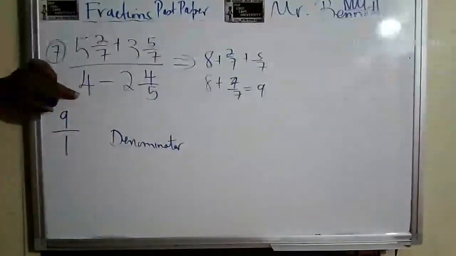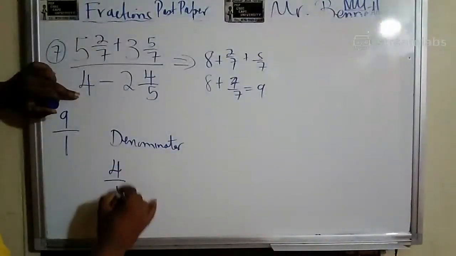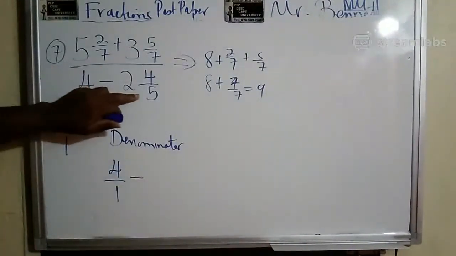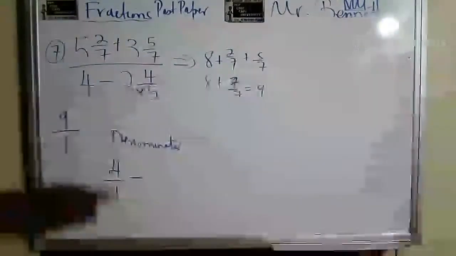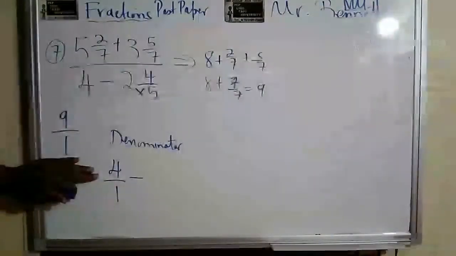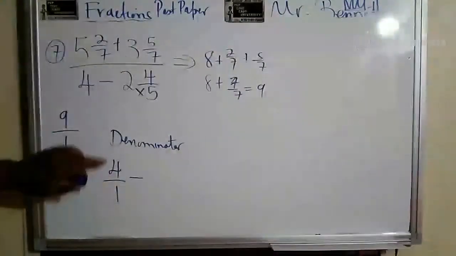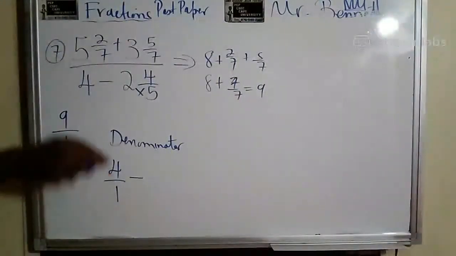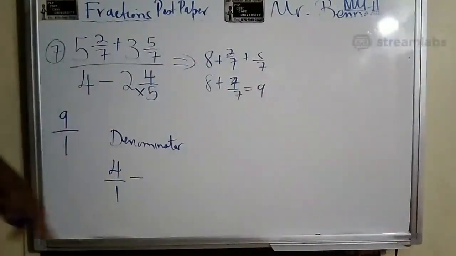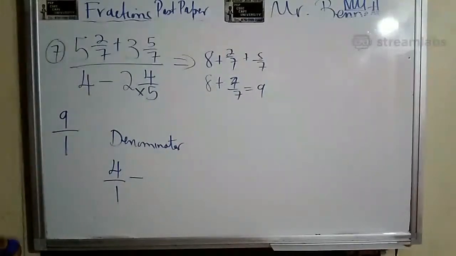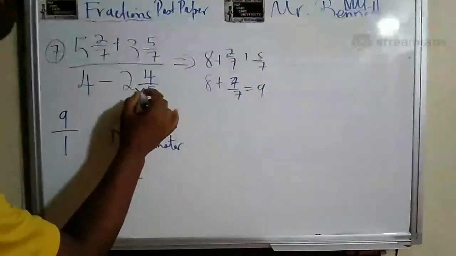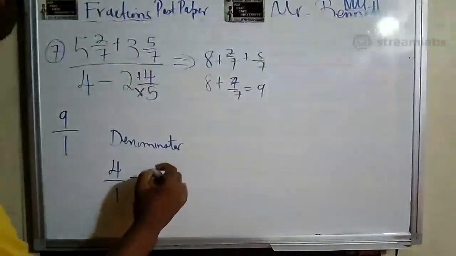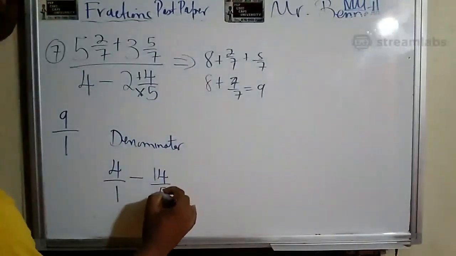We can say 4/1 minus 2 times 5. Guys, remember, you can always just put a whole number over 1. The value doesn't change. It just makes it convenient for you. So 2 times 5, 10, plus 4, that's 14/5.